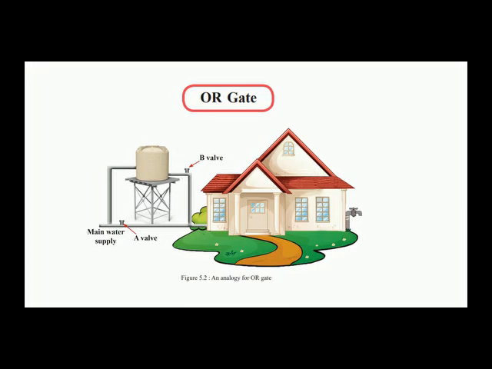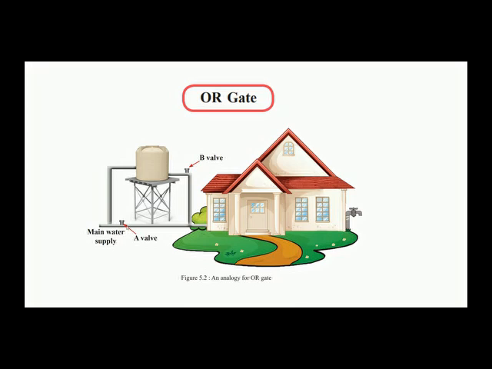Now if you look at this water supply, if I close this valve, will this tank get water? I have opened this one. Yes, because this is open, right? Here, this valve is open and this is closed. But because this is open, it can get water from here.